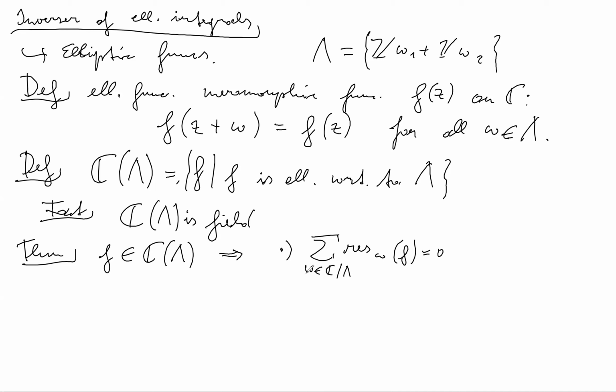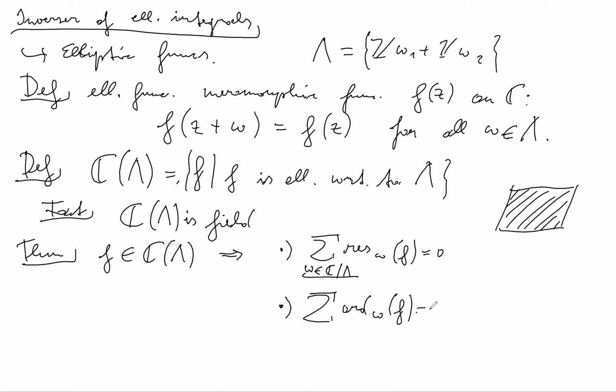Okay, this just means the sum over all points in one of these squares. Okay, and it's also certainly true that if we look at the orders of vanishing of this function, their sum is 0 again. And by order of f at omega, I mean the order of vanishing.